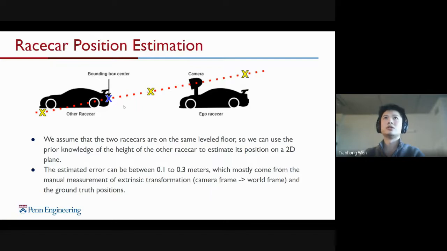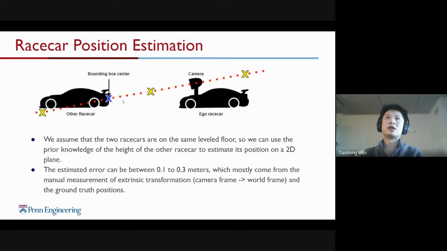Basically, the z coordinate of the other race car with respect to our Eagle race car should be 0, assuming they are on the same level floor. So we can use that z coordinate to interpolate a coordinate along this line in order to get the actual x and y coordinate of the other race car.